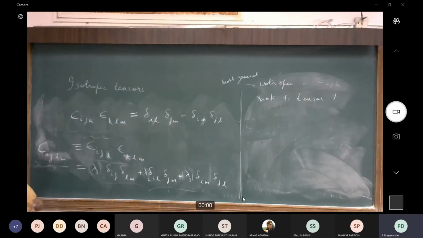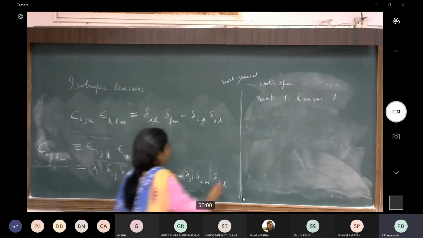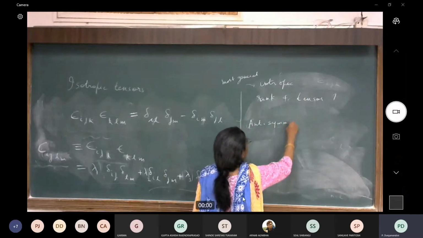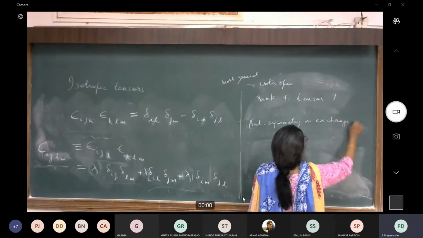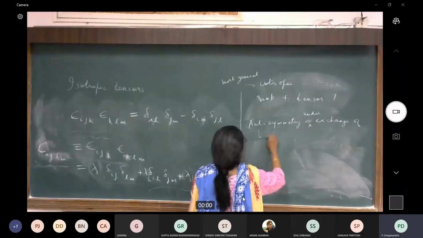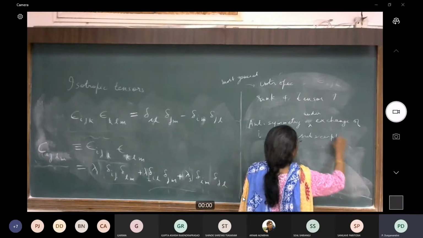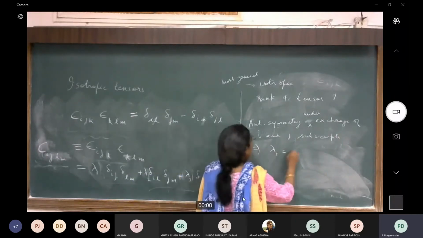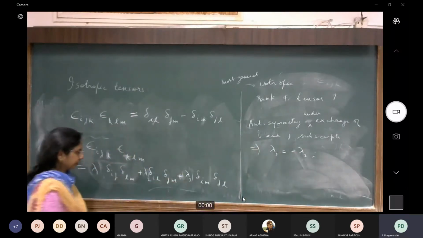So automatically what this tells me is that your lambda 3 and lambda 2 must satisfy antisymmetry under exchange of i and j. What this tells me then is that your lambda 3 must be equal to minus lambda 2, firstly.